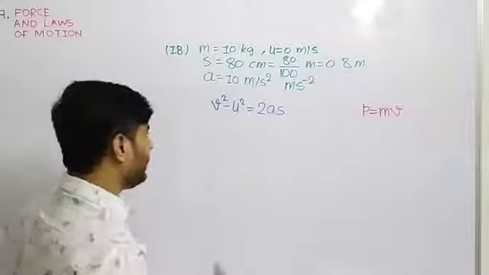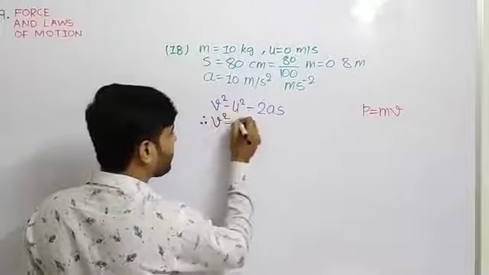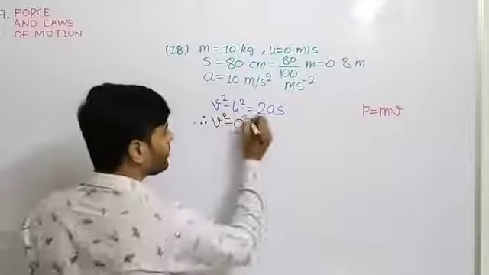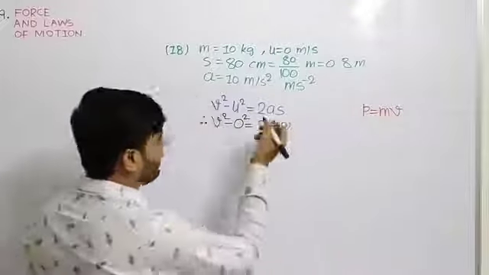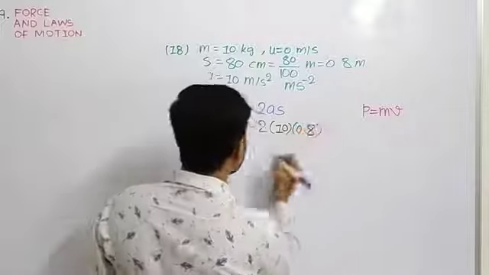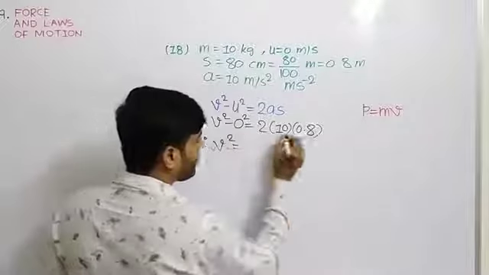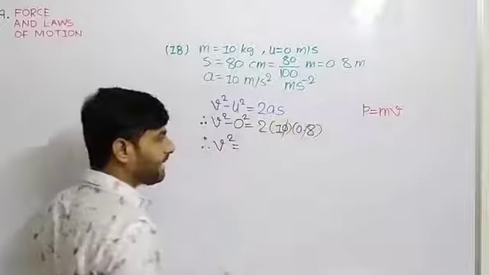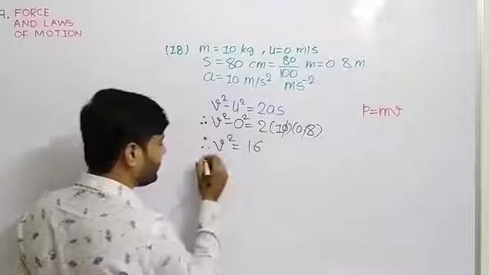Quickly put the data here. We have v that we have to find. So v square minus u square, with u as 0, is equal to 2 into a, which is 10, and we have distance, that is 0.8. Therefore v square is equal to 10, and the decimal point will cancel, so I have 8 into 2, that is 16.